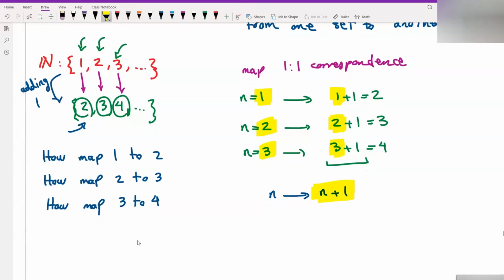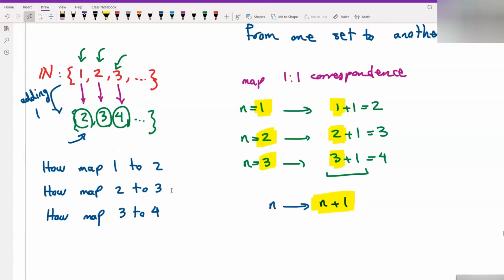So here it is n plus 1. Since we were able to map the natural numbers to the other set, that means the set is infinite.